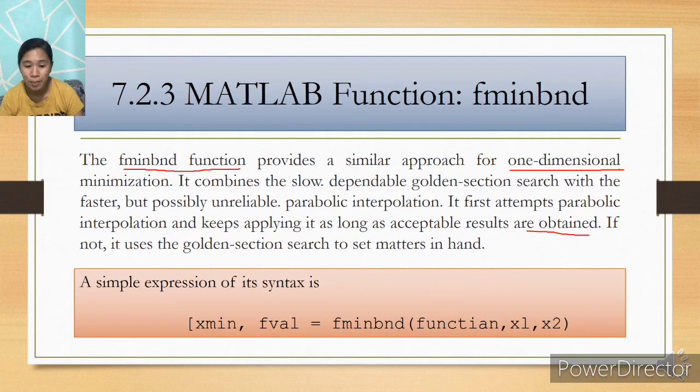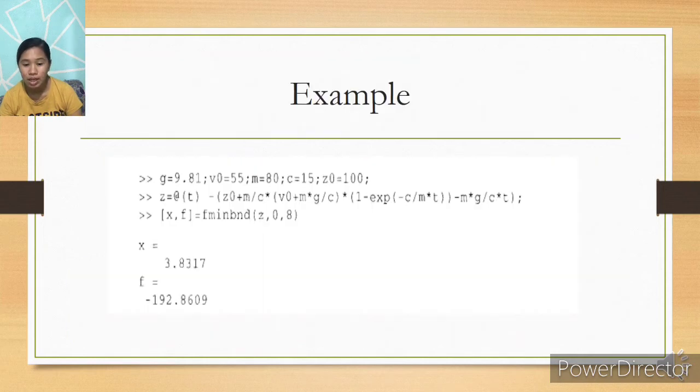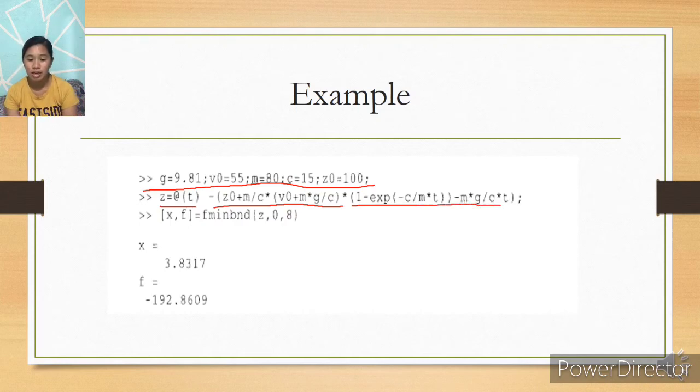Here is a MATLAB session that uses fminbnd to solve the problem from the example. At the command prompt: g equals 9.81, v0 equals 55, m equals 80, c equals 15, and z0 equals 100. Then define the function: z0 plus m divided by c times v0 plus m times g all over c, times 1 minus exp of negative c divided by m times t, minus m times g divided by c times t.